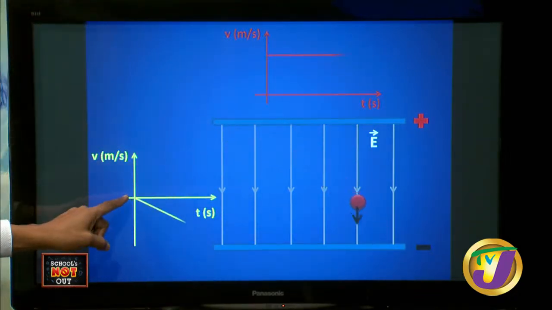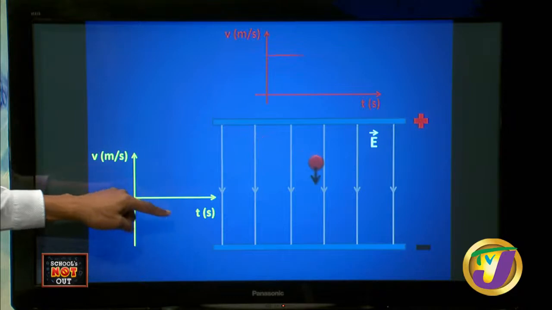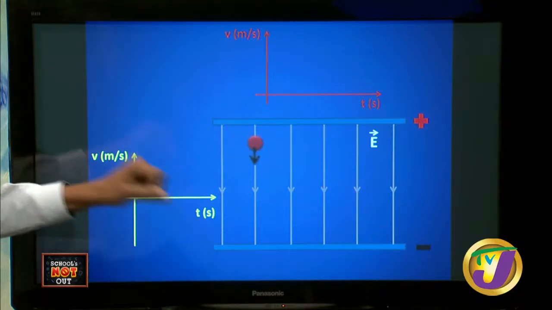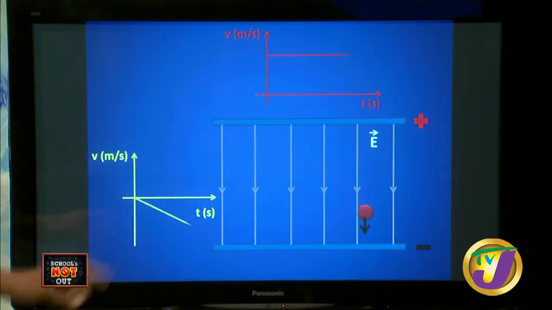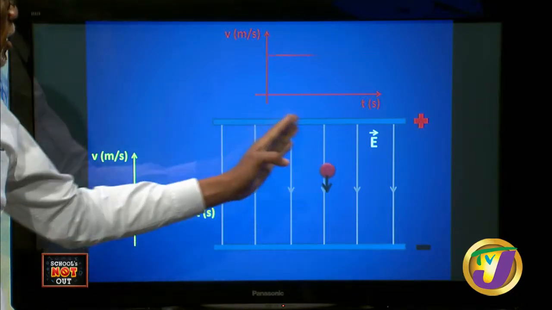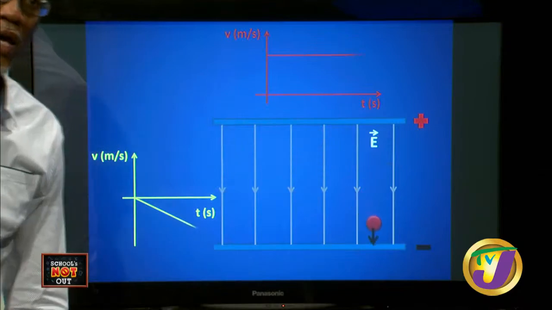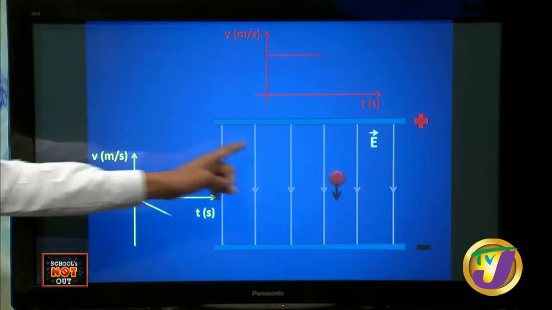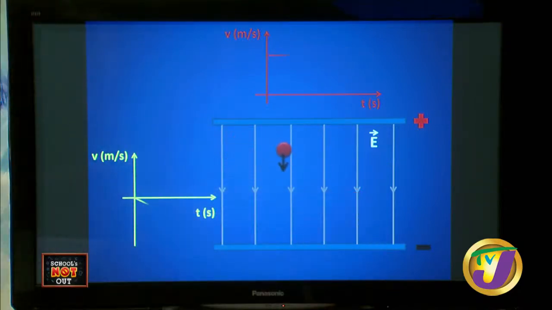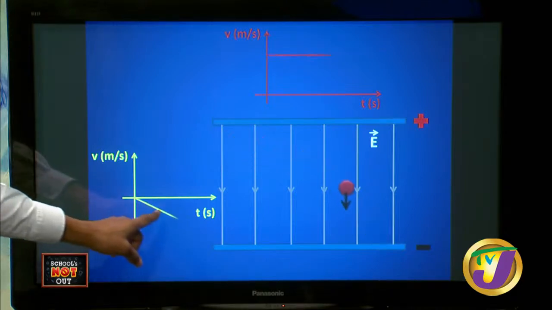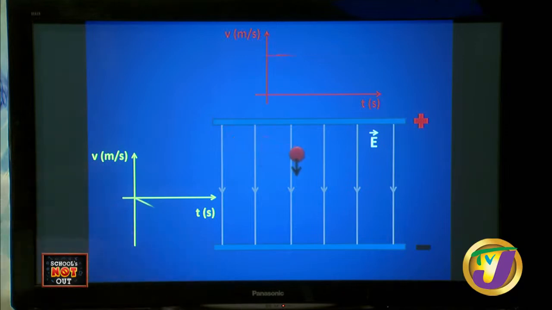But in this case, it is starting from 0 and it is going to a negative maximum velocity, because remember, this force is causing it to accelerate downwards at the same time it is moving across. And so the particle will move with that. This would represent the vertical component of the motion of the particle.